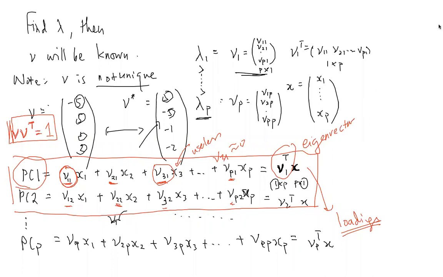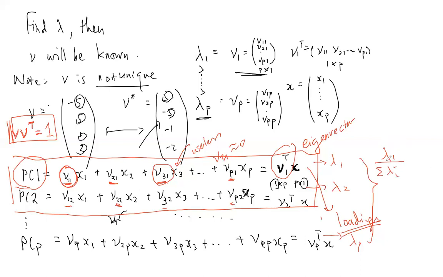So then what happens is the following. Your PC1, PC2, PC3 until PC P are associated with lambda 1, lambda 2, and so on. I can check the value of my eigenvalue against the sum.